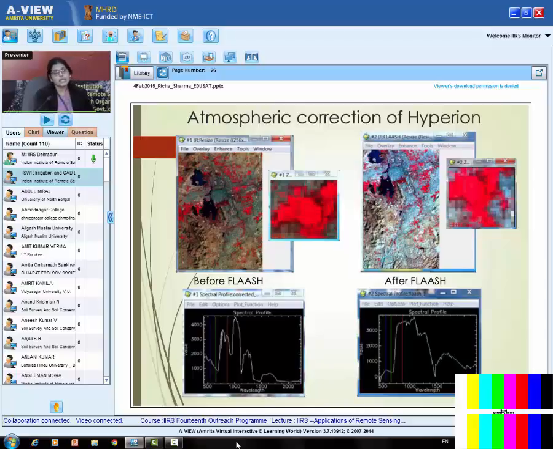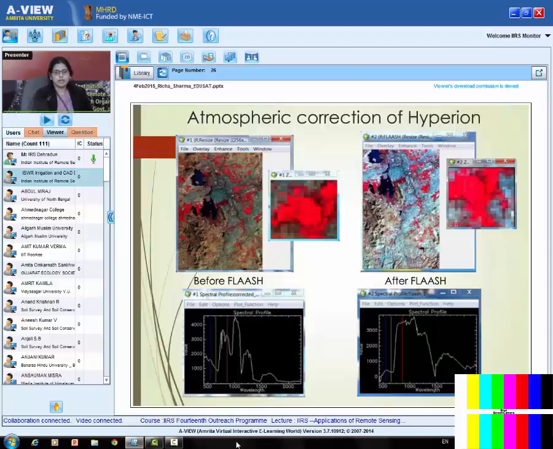The image we get is the radiance image, and we have to convert it into the reflectance image, because whatever spectra we have seen till now are reflectance spectra, and we have to map these spectra with the ideal library, and that ideal library has reflectance spectra. So the radiance image has to be converted into a reflectance image, and for the conversion we have to use different atmospheric correction algorithms.